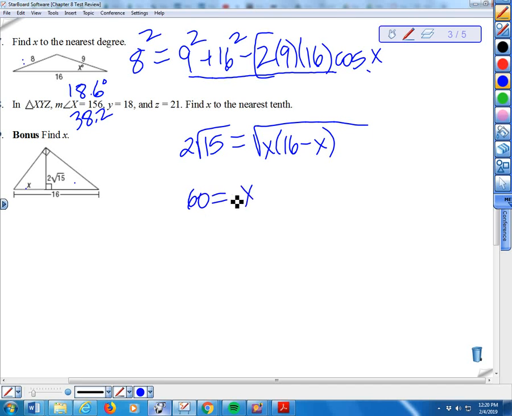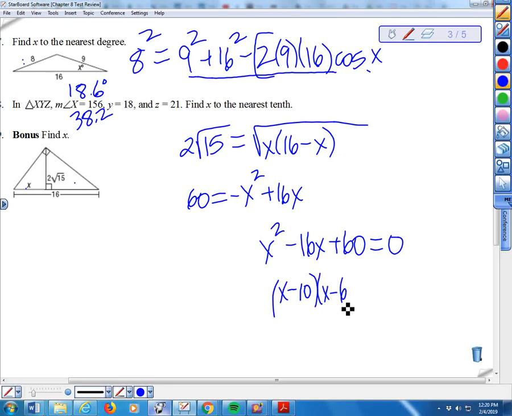X squared negative x squared plus 16x. So I'm going to have a quadratic to solve. X squared minus 16x plus 60 equals 0. What are factors of 60 that add up to 16? So x is either 10 or 6.